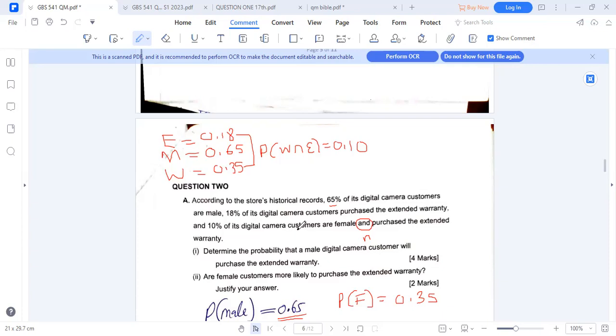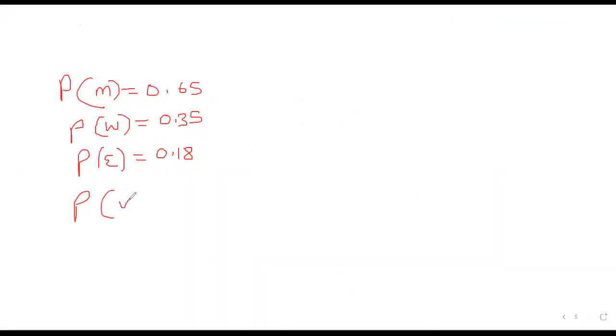Then 10% was at a female and extended warranty. So a woman and extended warranty is 10%. You're agreeing with me, this is the data we found. So a woman, intersection extended warranty, is 10%, 0.10. We're together with this data, we agree.